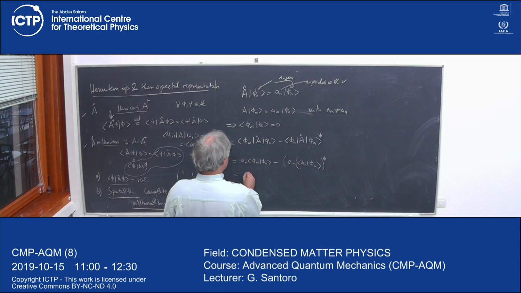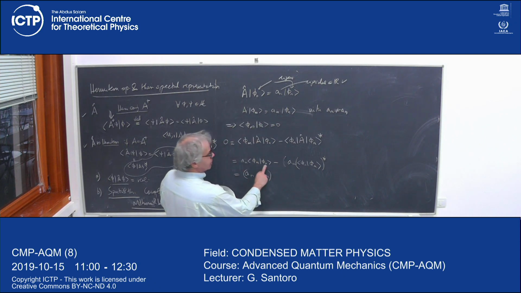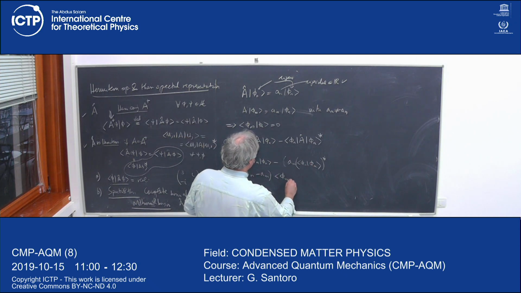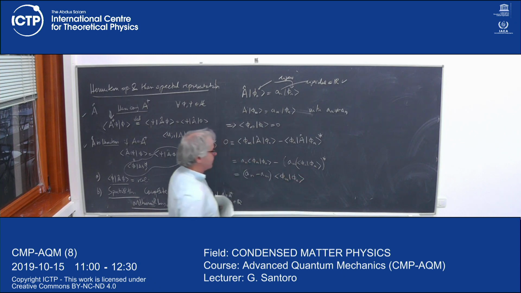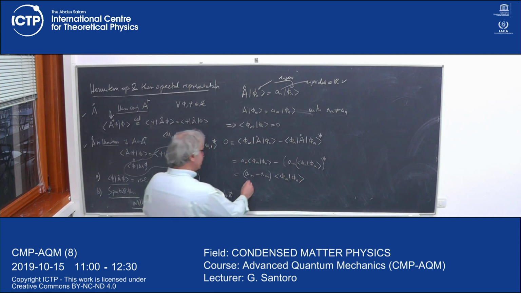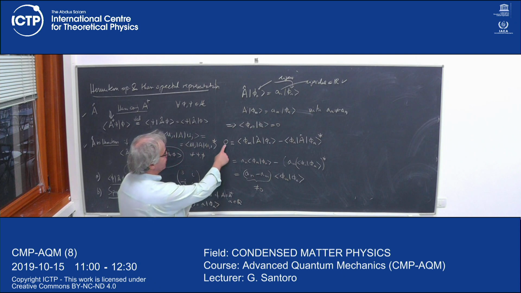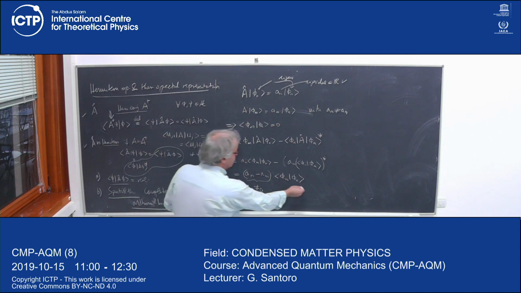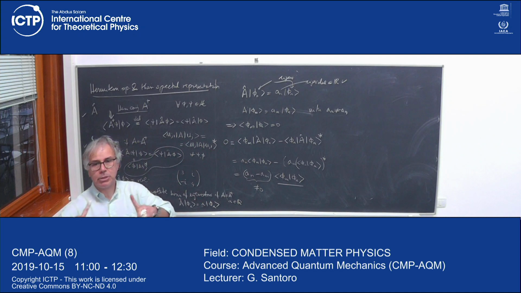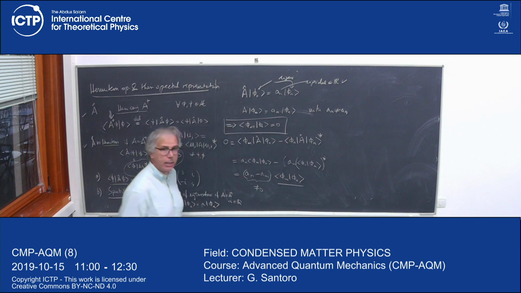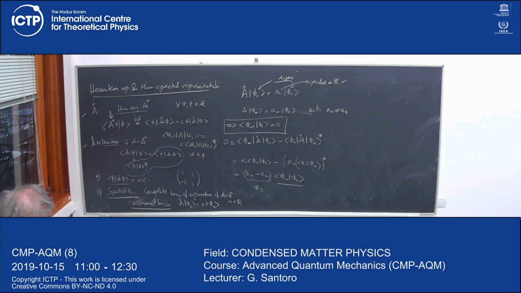So what I write here is a n minus a m, and the object that I have here is exactly this, right? Because the star of the scalar product is this. So it's phi m phi n. Is it clear? But this is by definition different from 0, because these are different eigenvalues. So 0 is equal to something different from 0 times the scalar product between the two eigenvectors. Okay? And therefore, the two eigenvectors must be orthogonal. Okay? So that is something simple.